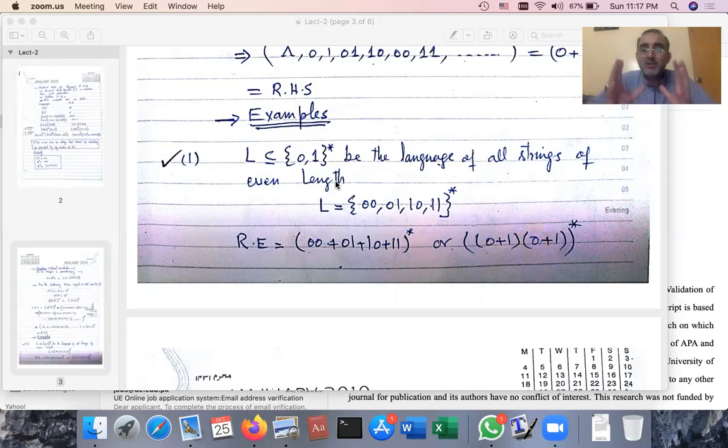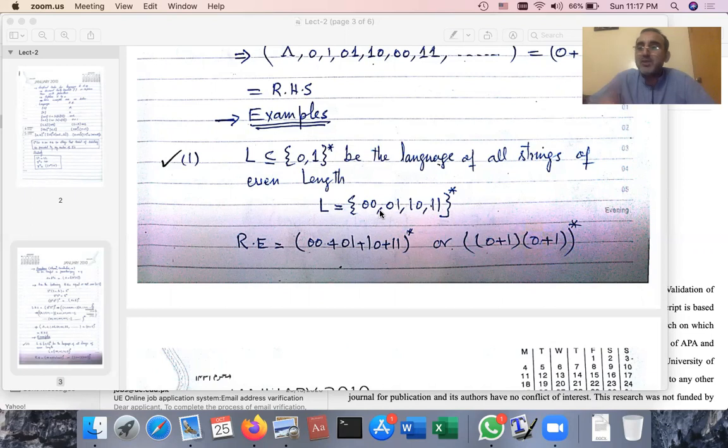So I can produce all possible strings of 0 and 1, but a condition is given to me that the length of the string would be even and not odd. For example, here, how can I write it in mathematical form? L is equal to {00, 01, 10, 11}.